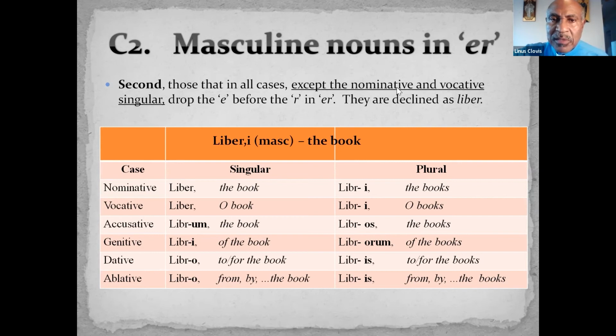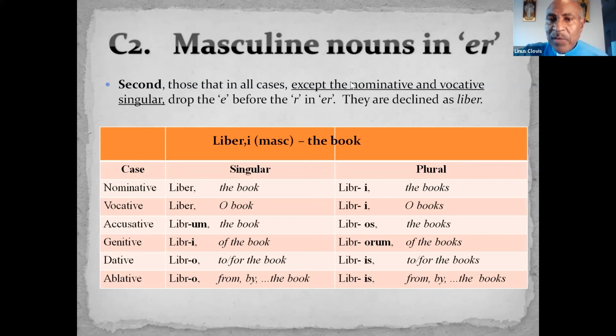Okay, right. So we're going to now look at masculine nouns that end in ER. The second, we dealt with the first. So second, those that in all cases except the nominative and vocative singular drop the E before the R in ER.